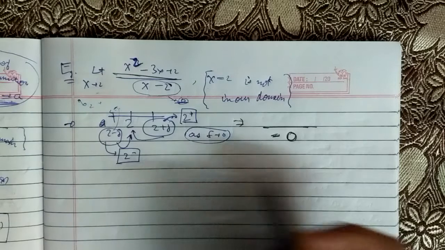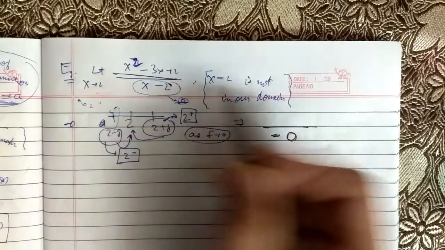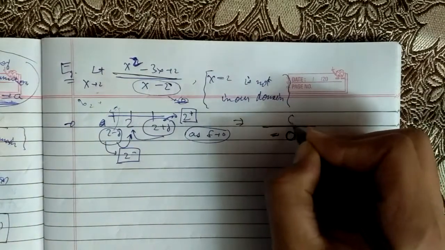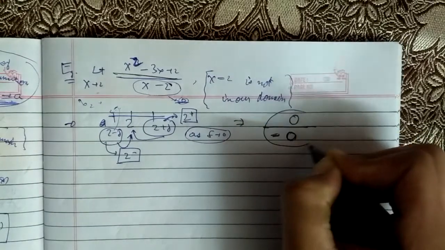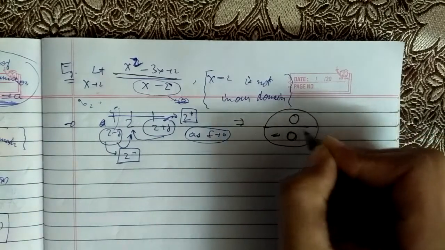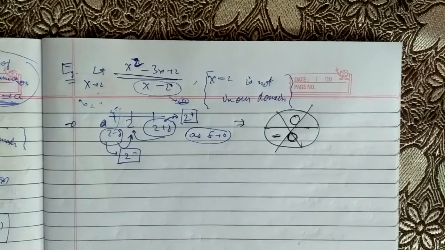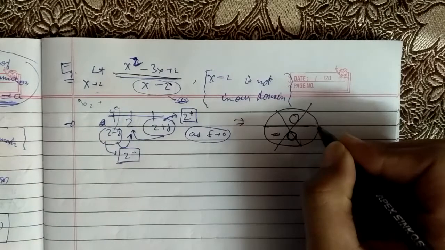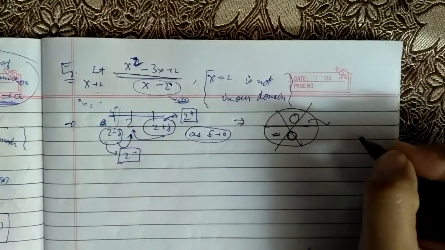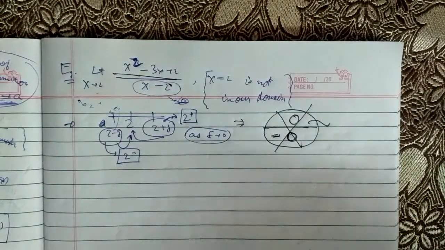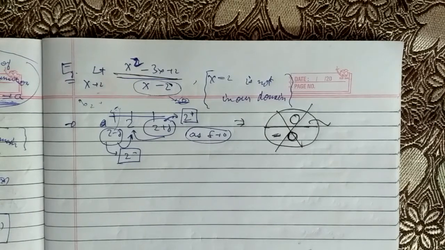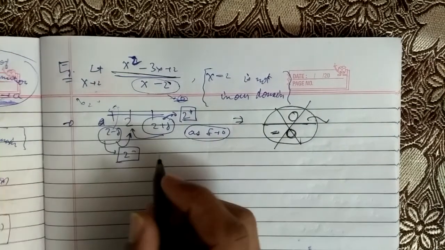So as x tends to 2, the denominator and numerator both approach 0. So we could not make out the value of this by directly putting the values in it. And we would study that this 0 by 0 is also called an indeterminate form.